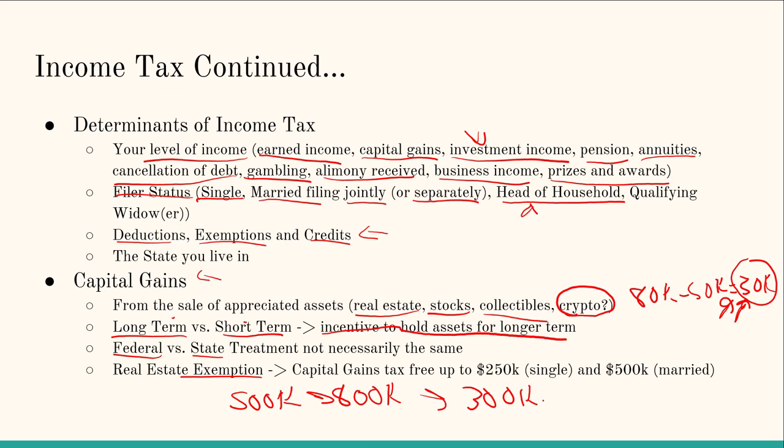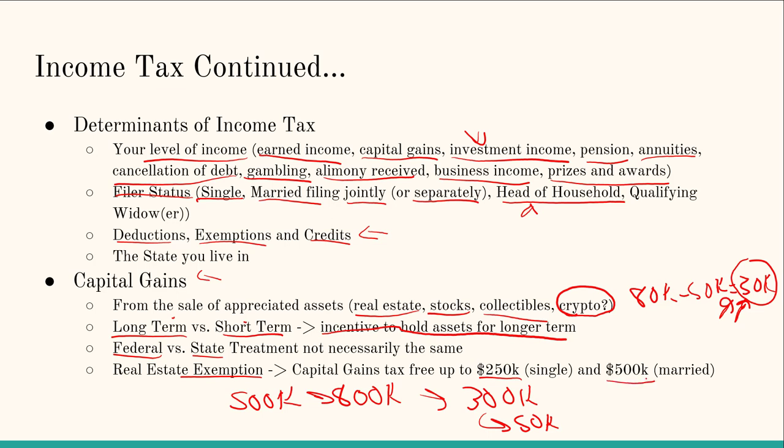Yeah, it's going to be 30 to $40,000. So what this exemption gives you is, if you're single, 250K of this would be tax exempt, meaning from this 300, you would only pay capital gains on 50K.